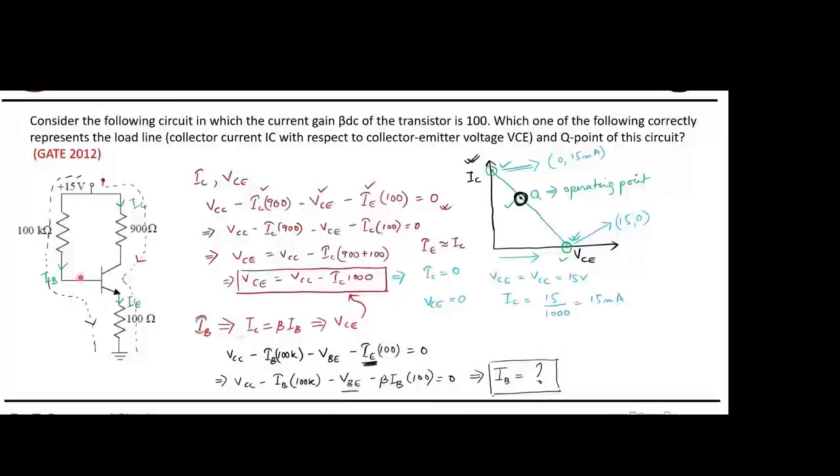VBE is nothing but the voltage across the base and the emitter, right? And this will act like a diode. So you can take 0.7. In most of the numericals, you can take this to be 0.7. Okay. So now can you solve IB?